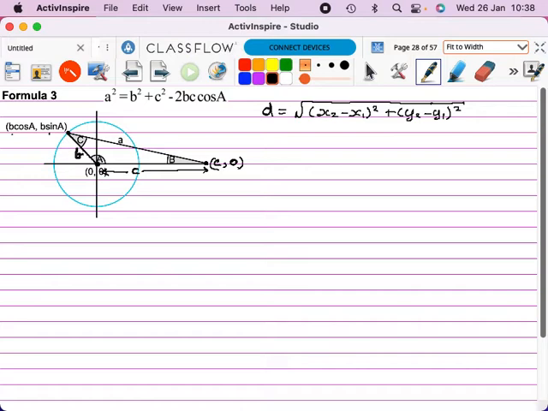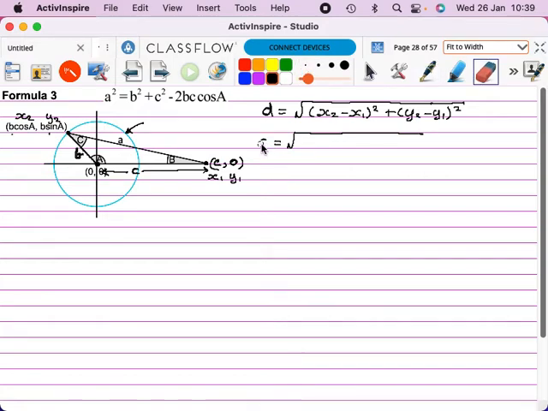Okay, so now I'm going to call this x2, y2. I'm going to call this x1, y1. And clearly, the distance between these 2 points is in actual fact a. So let's start our process. a equals the square root. Well, do you know what?